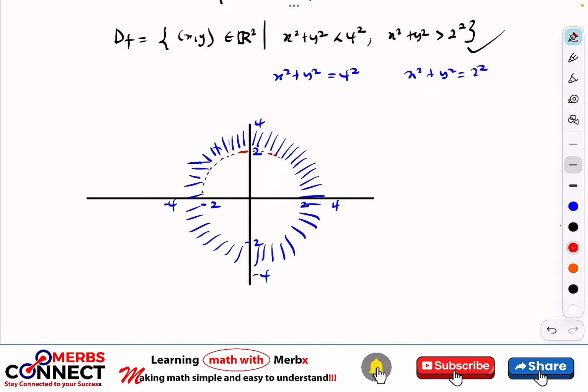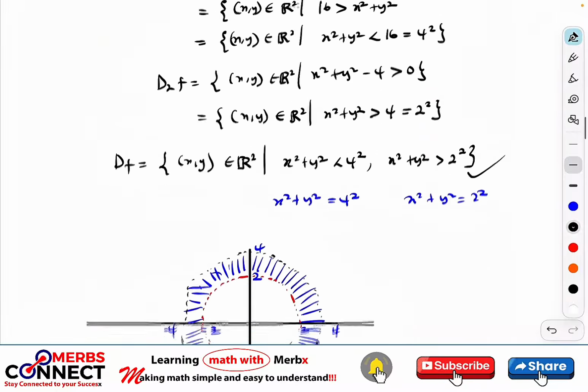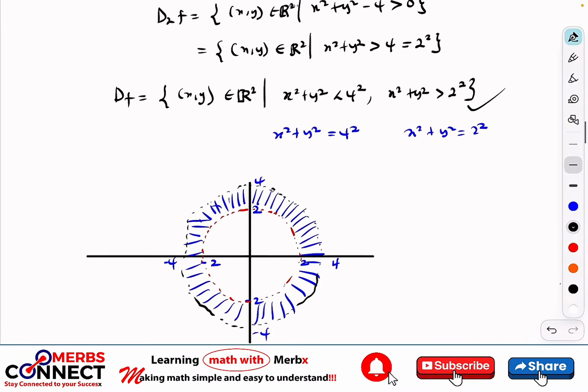Good. So this is the one with the radius 2, and then the black one here is the one with the radius 4, but we are trying to exclude the boundary. Great. So this is how our graph should look like here. So it's more interesting working with this.